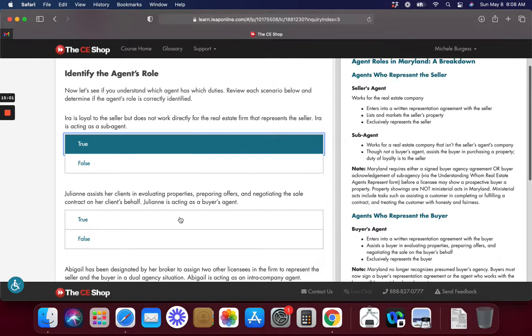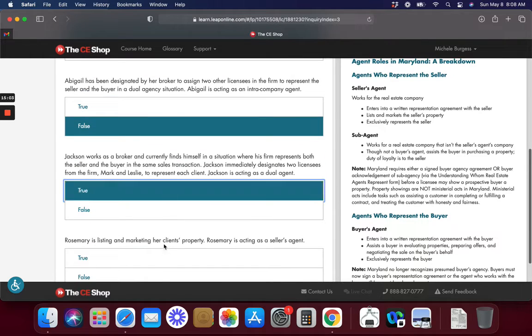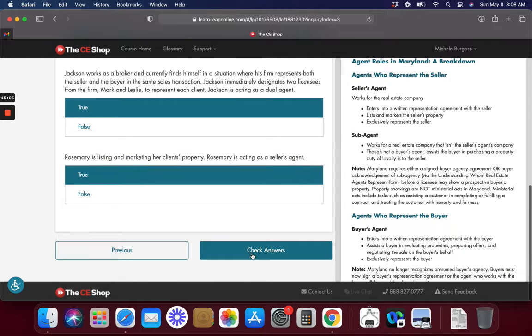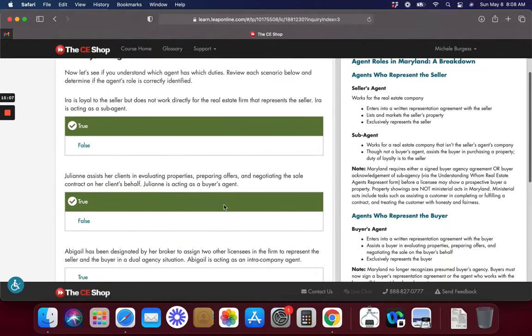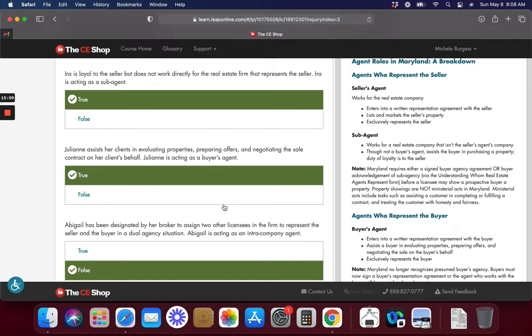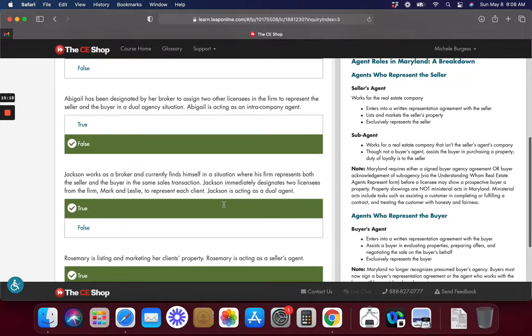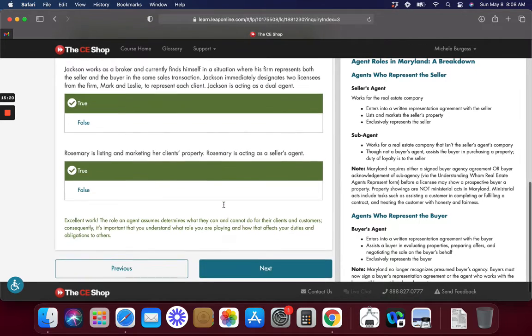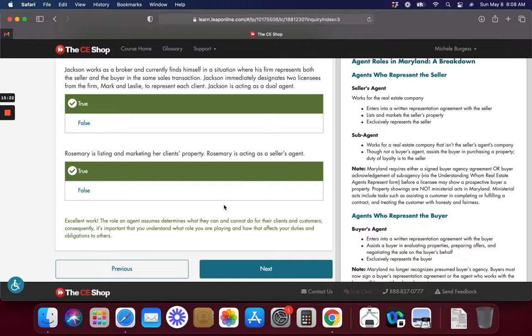I'm trying to do this kind of quick because we already know the answers. I'm going to let you take a screenshot if you need to, and then we're going to move on because we're going to try and get through all of our units in one video, and the unit exam too. I think it's much easier this way. That way we don't have 50 million videos because we already almost have 100 now.